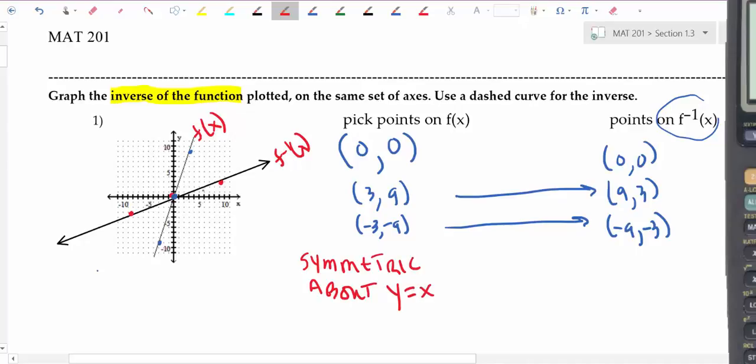And y equals x is just a line that goes at a 45-degree angle like that. So you might sketch in a dashed line y equals x, just to remember that. That's the way inverses are. If you had a piece of paper and folded this over that dashed line, then this would match with that and so forth. So you always have that symmetry in an inverse.